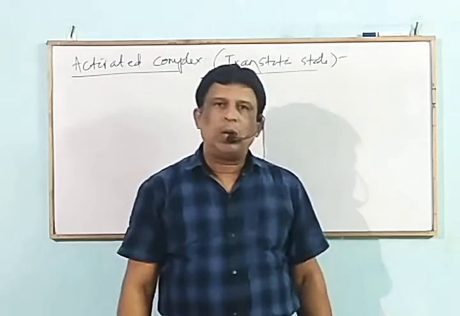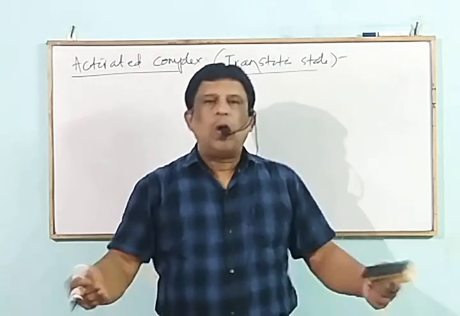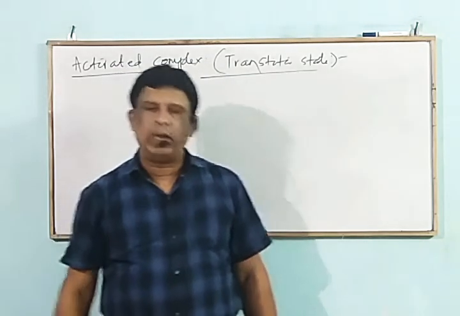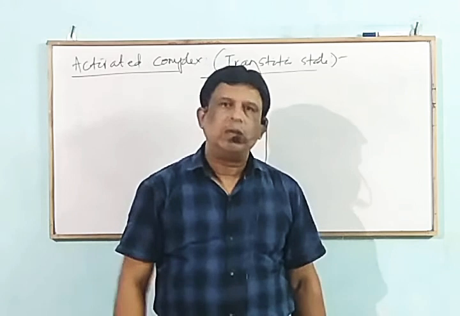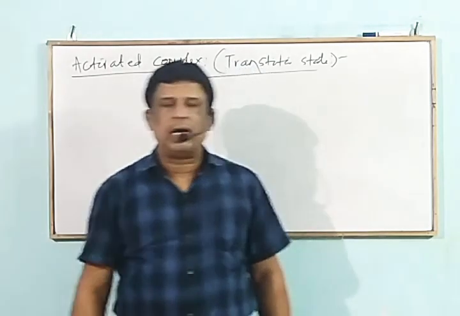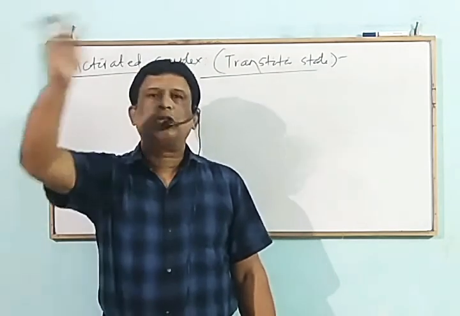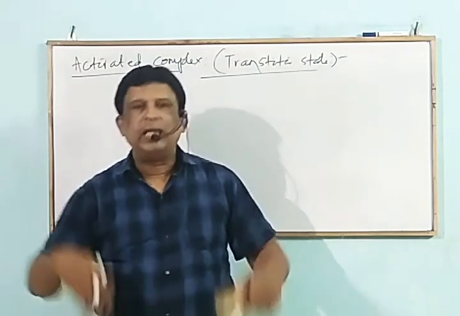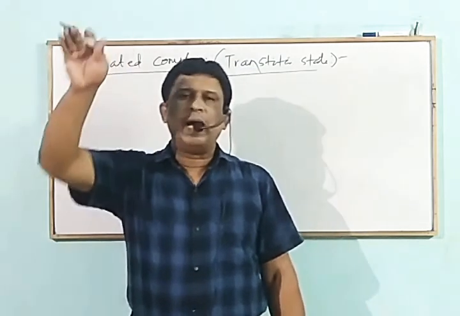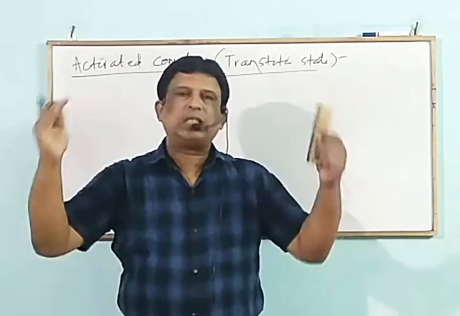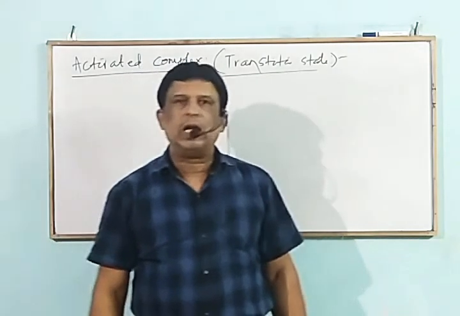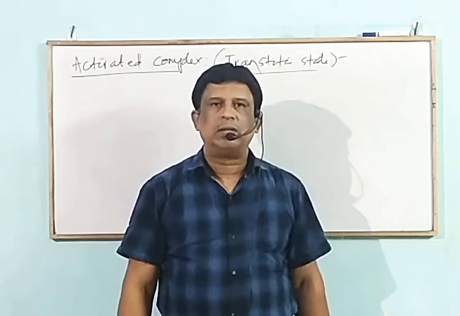All the intermolecular collisions are not effective. All the reactants are not able to possess the maximum amount of energy. So if energy is supplied from any other source to the reactants, then they jump over the barrier. After getting the desired amount of energy, they jump over the barrier, possess a maximum energy content and form a complex that is known as activated complex.